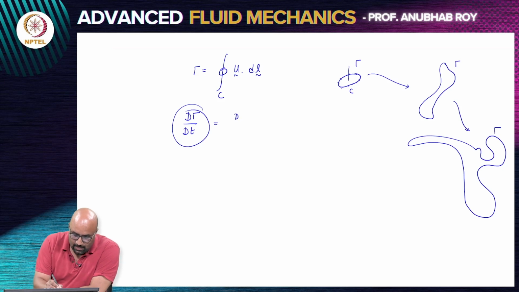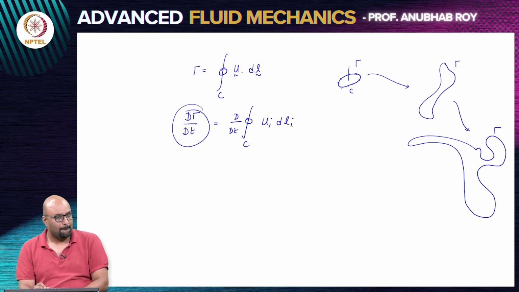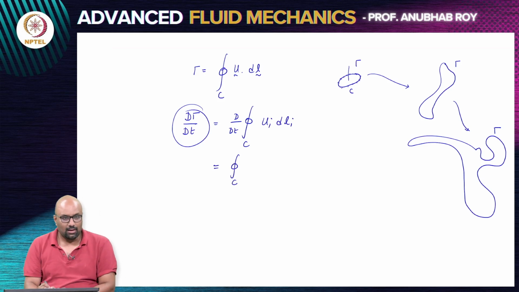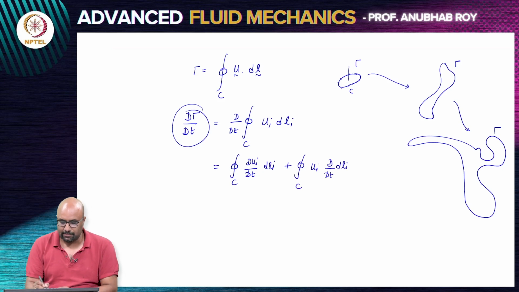So, this is d/dt of the integral of u_i dl_i, let us use the index notation. If I am doing a material derivative here, I get du_i/dt dl_i plus u_i d/dt of dl_i.